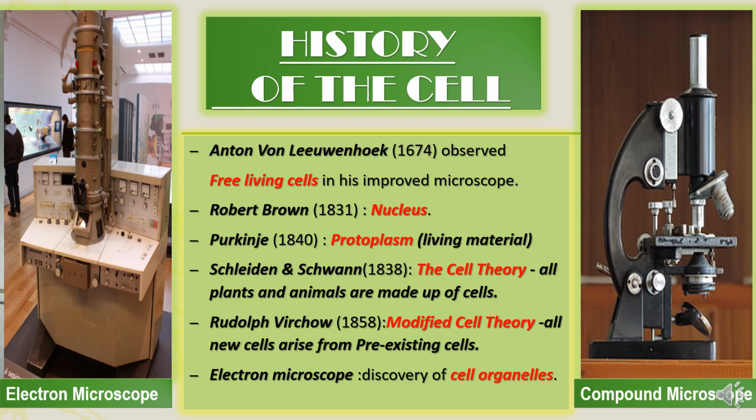In 1858, Rudolf Virchow modified the cell theory by explaining that all new cells arise from pre-existing cells. And after 1840, when the electron microscope was discovered, it was possible to see the internal structure of cells, and that led to the discovery of various cell organelles that we'll discuss in the next slides.